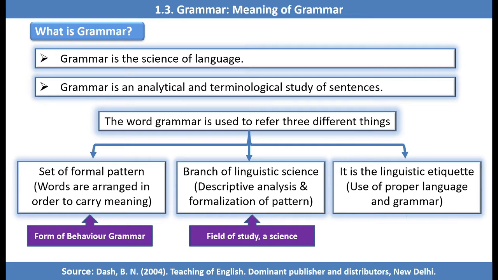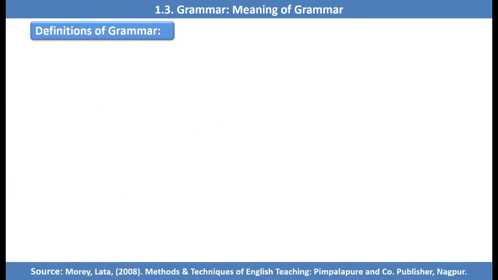So it is a linguistic science. Then the third one is that it is a branch of etiquette. See, if we do not follow the rules of grammar, we do not follow the etiquettes. So it is a branch of etiquette. So these are the three different fields or things we take from grammar.